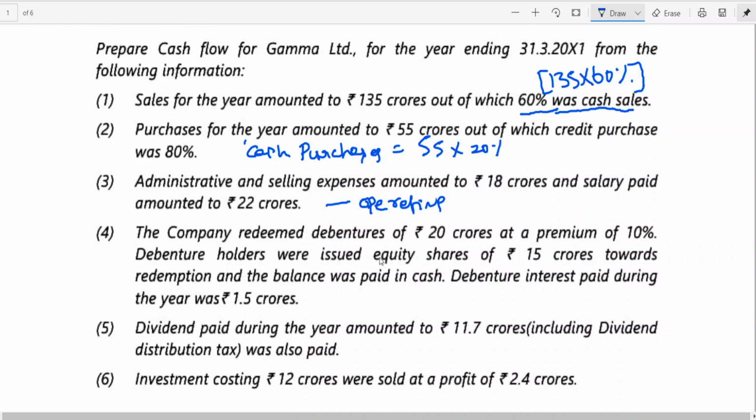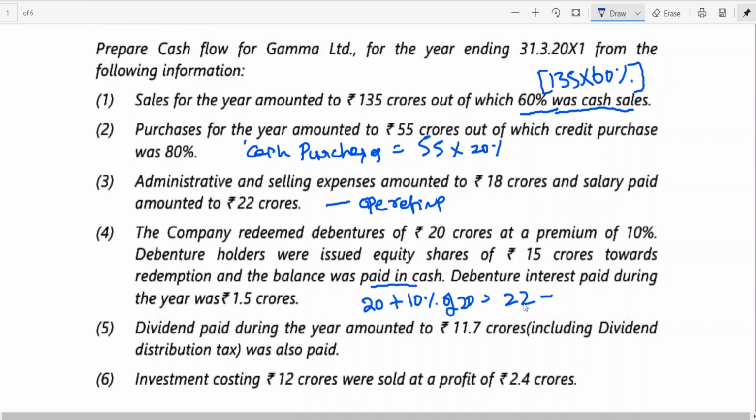The company redeemed debentures of 20 crores at a premium of 10%. That is 20 crores plus 10% of 20 crores, which is 22 crores redeemed. Debenture holders were issued equity shares of 15 crores towards redemption, and the balance was paid in cash.